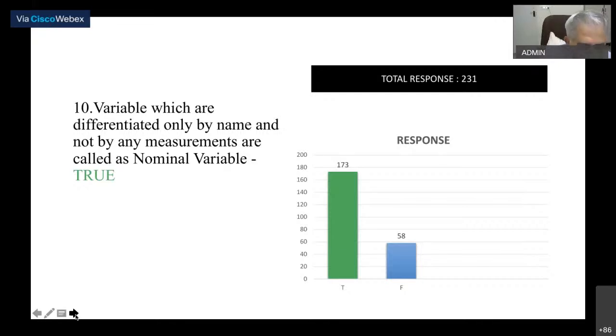Nominal is like race or color or different types of things. Whereas ordinal is the numbers, which you will get like heartbeat, respiratory rate, or blood level, something like that. So nominal variables are by name. So it is true. Majority of people have got it correct. Next.